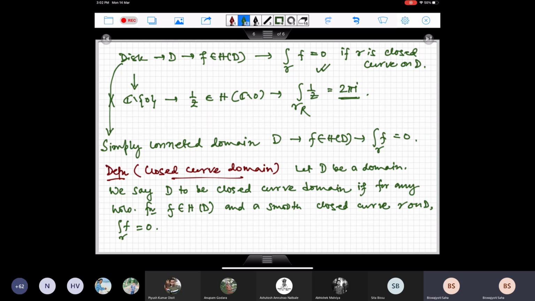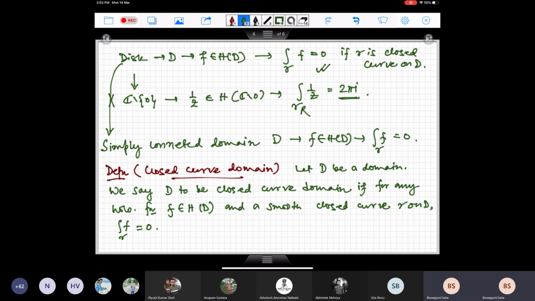For example, of course, any simply connected domain would be a closed curve domain. But if you do not know about simply connected domains, there is no harm. Consider D to be the set of all complex numbers, then you will know that it's a closed curve domain. You take D to be the unit disk or any disk for that matter, these are closed curve domains.